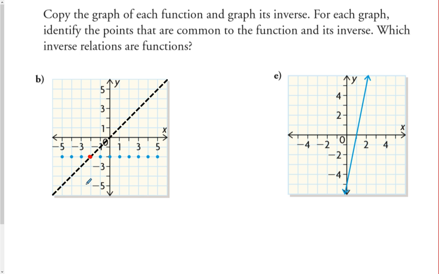I can say, okay, when I reflect that, it's already on the line, so the reflection is going to be in the same spot. Now I can look at ones that are close to that. This next one to the left, I can see it is diagonally half a square away from the line. So I can make the mirror image right here. The next one to the left, I can see is diagonally a full square away from the line. So I can do that on the other side.